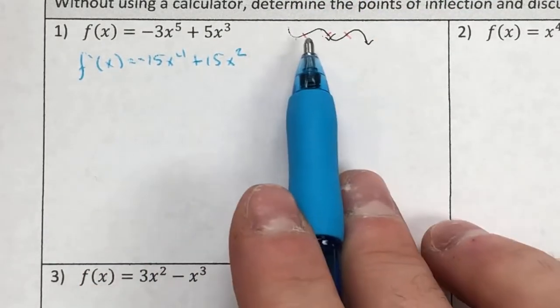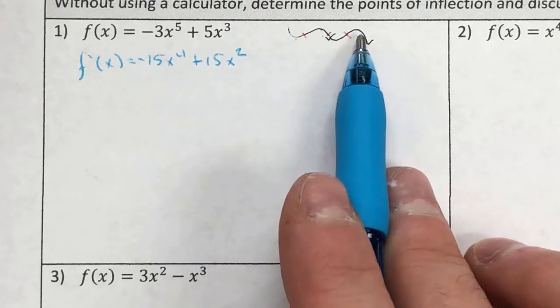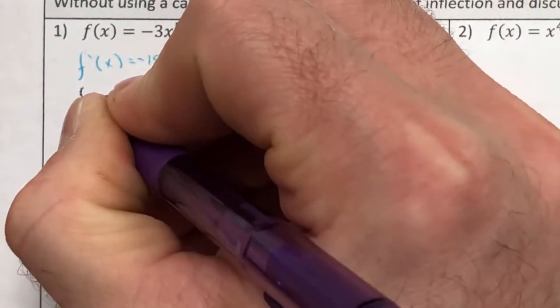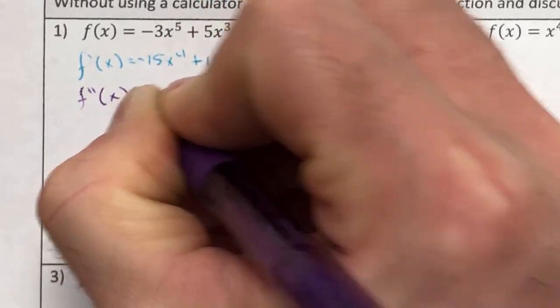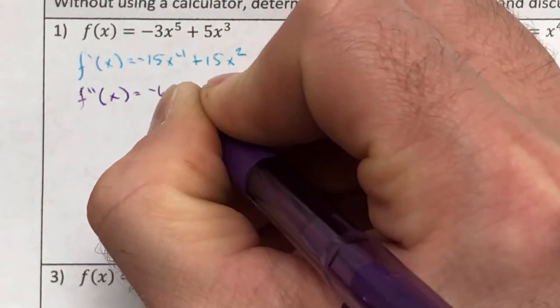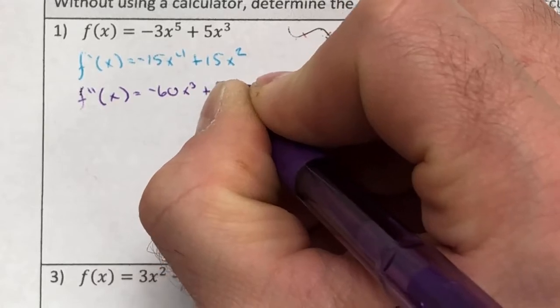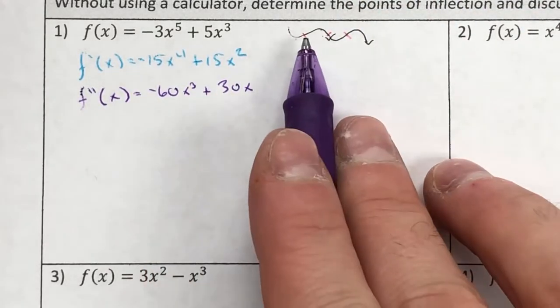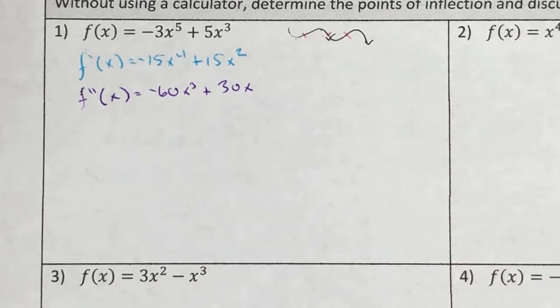If I were to set this equal to 0, I would be able to find the points where the graph is at a local maxima or local minima. But we're not after that. What we're going to do is take the second derivative, f double prime of x, and I get negative 60x cubed plus 30x. When I set this equal to 0, it is going to give me those 3 points.